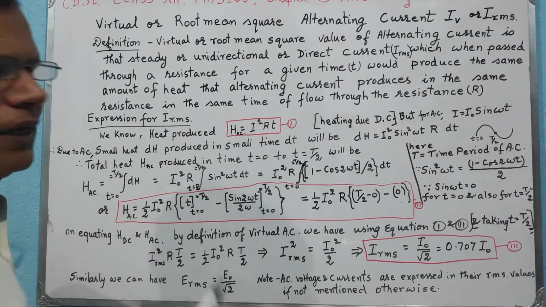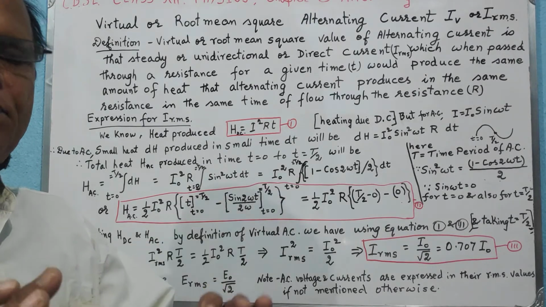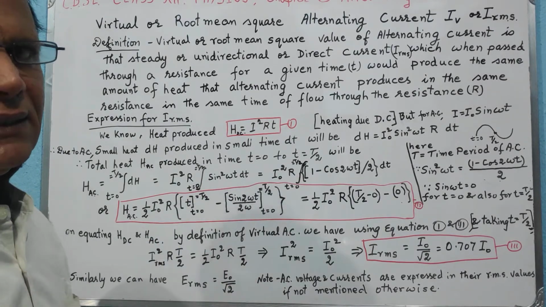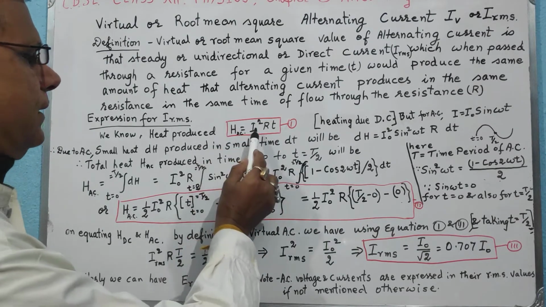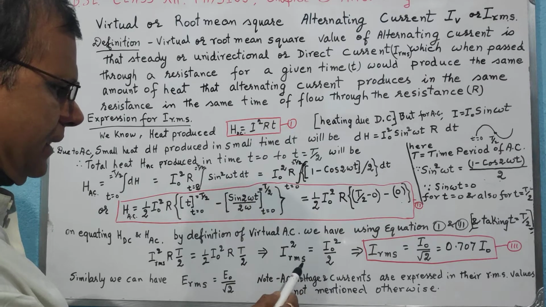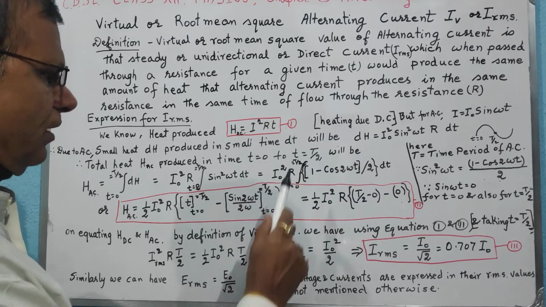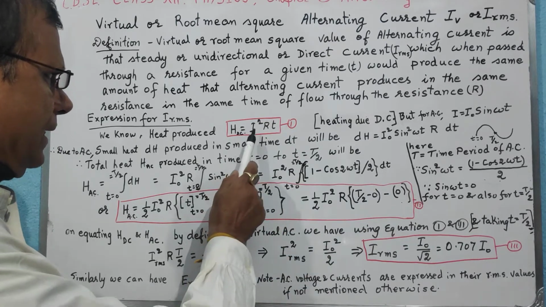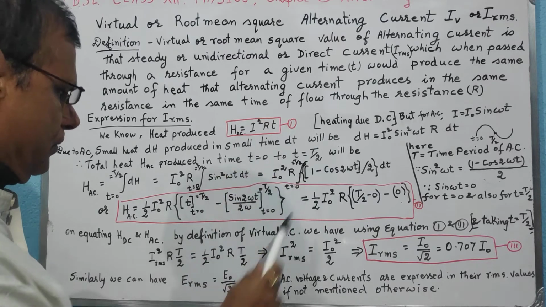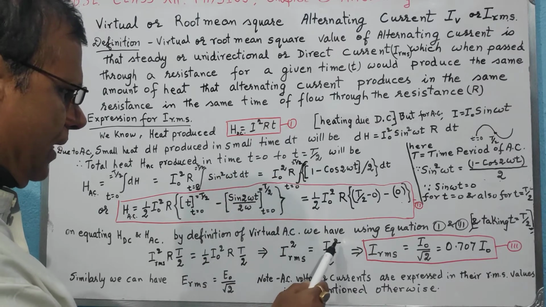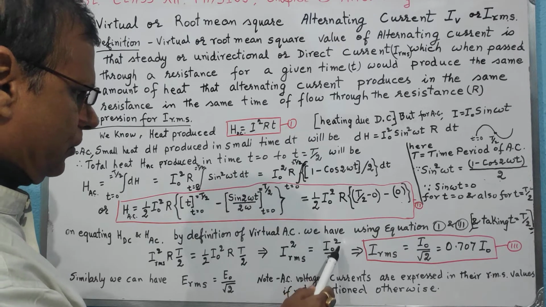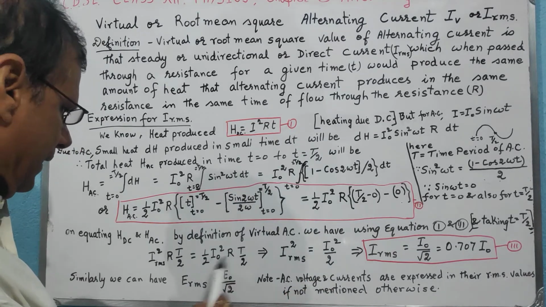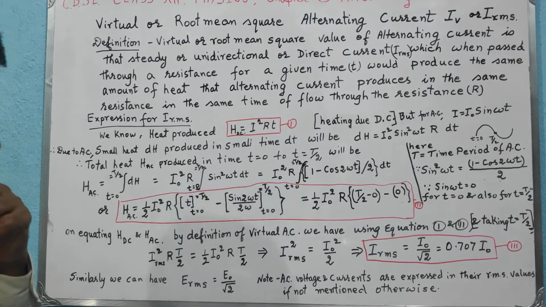By definition we want to keep the heat produced the same for both the cases, and then whatever value of this DC will represent the IRMS value of AC. So IRMS square is equal to I0 square by 2, because R and T by 2 are on both sides, so they get cancelled.